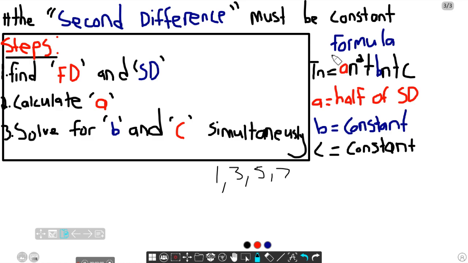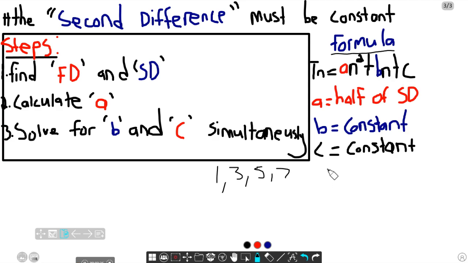Now, this is the formula again. The formula for a quadratic number pattern, from the word quadratic, you can pick it like a combo when you're doing quadratic equations, the inequalities, right, where we are solving for x. So it's basically something like that. That's why from the formula you can see that Tn is equals to an squared plus bn plus c.